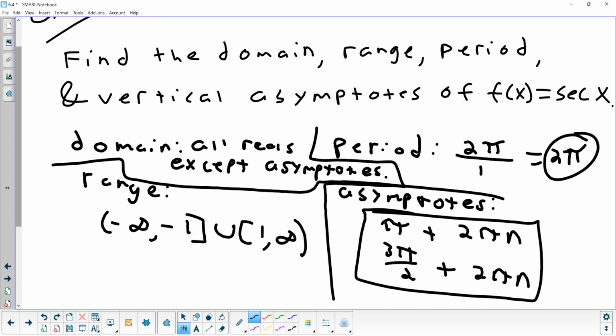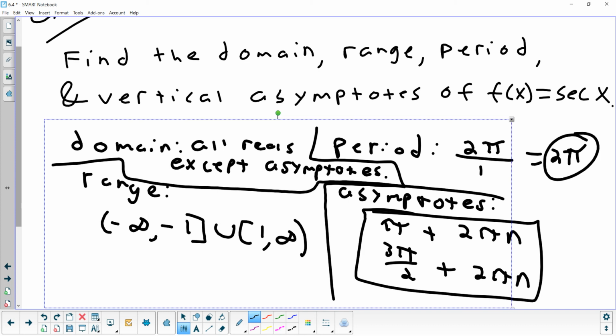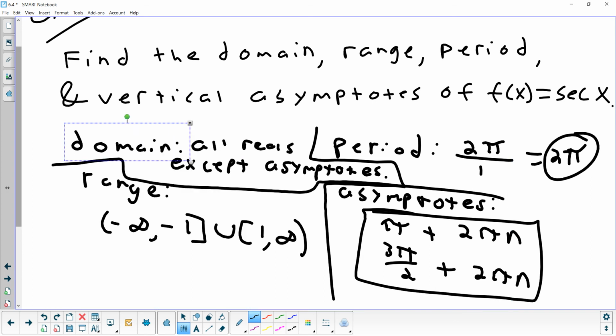Now the next one was cosecant, and a lot of that would be the same. The period is the same. The range is the same. The domain, the wording is the same. But what would be different is the asymptotes.